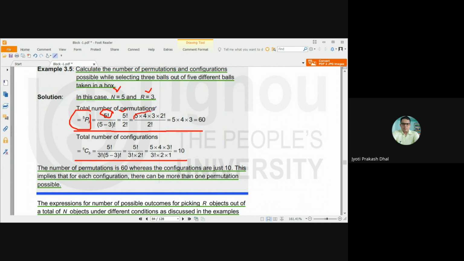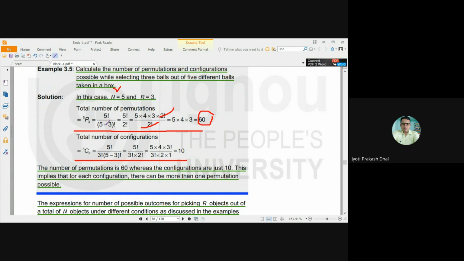In the denominator we stop at 2 factorial, and that will be cancelled out, and the result will be 5 into 4 into 3, that is 60.